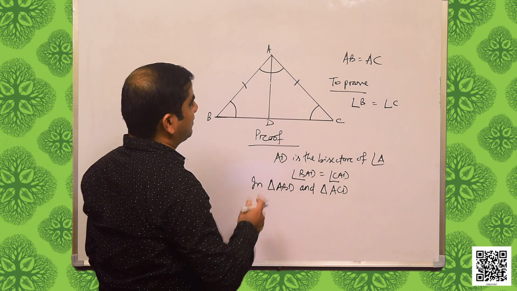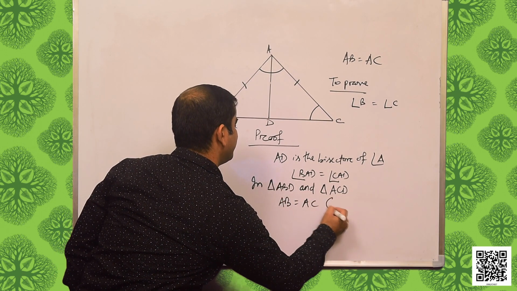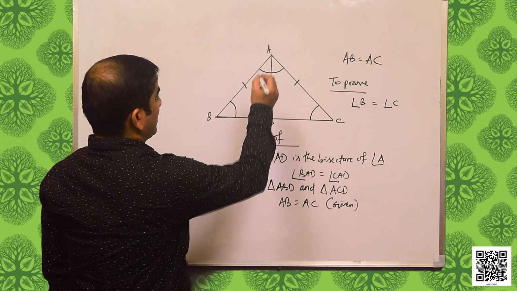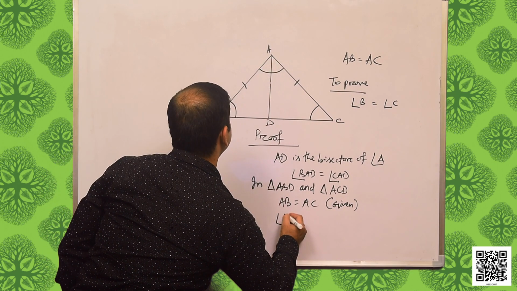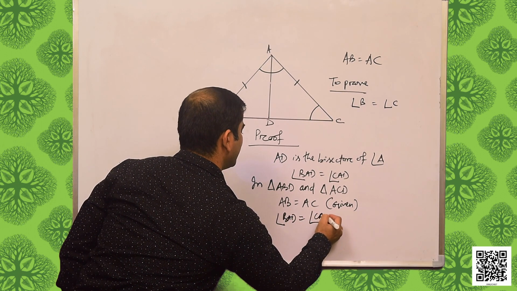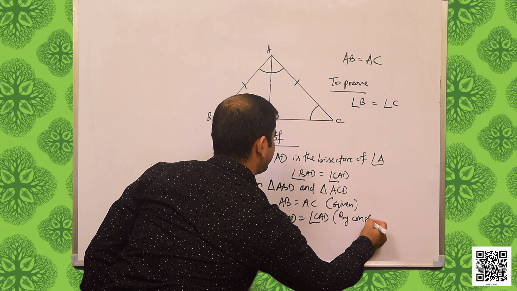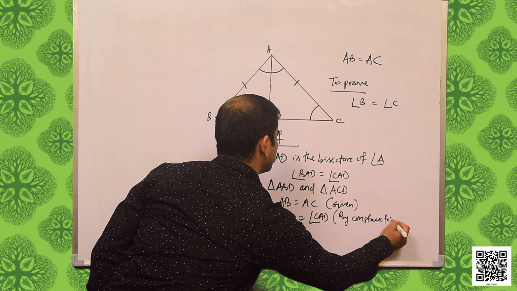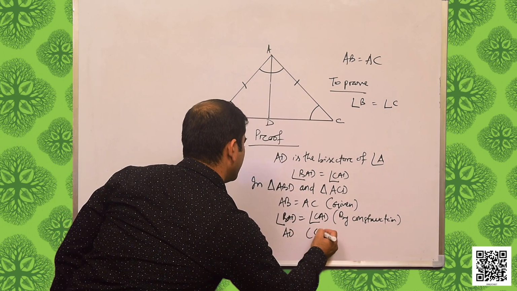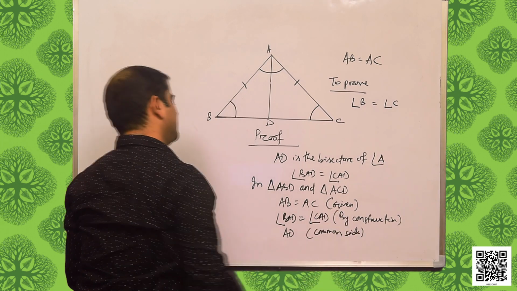So, what we find? AB is equal to AC, that is given. Then angle BAD is equal to angle CAD by construction. And AD is the common side.